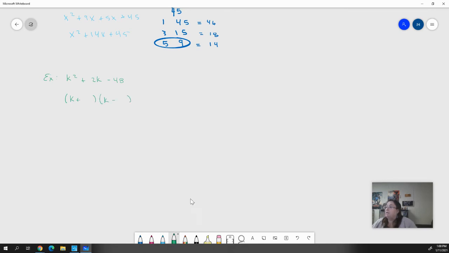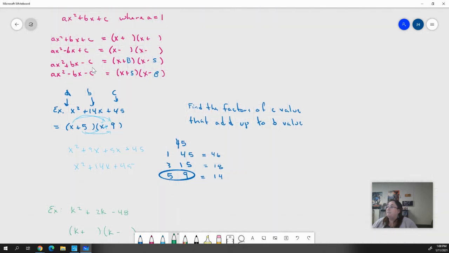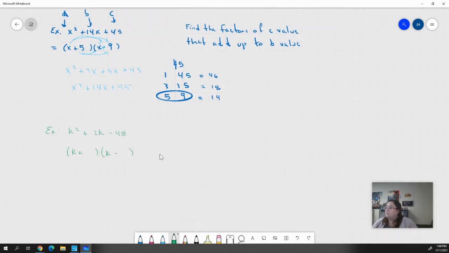We can check our chart above. I have a minus c in it, so I know I'm going to have a positive and a negative factor. So let's look at our factors of 48. It's negative 48, so one factor has to be negative and one positive. Because we have a plus, it's our bigger factor that will be positive.